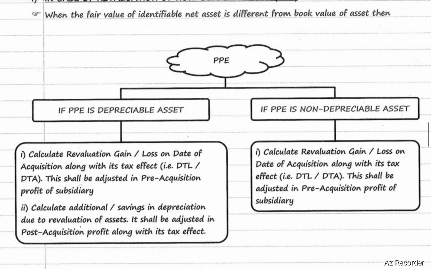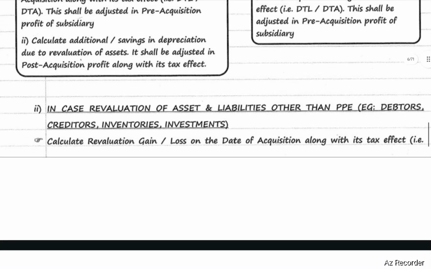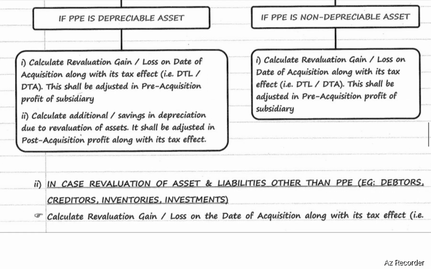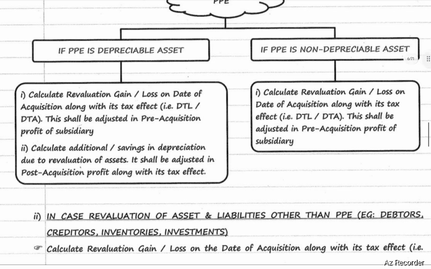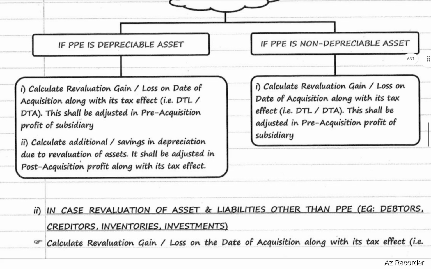This shall be adjusted in pre-acquisition profit of the subsidiary. Next, in case of revaluation of assets and liabilities other than PPE, example debtors, creditors, inventory, investments, calculate revaluation gain or loss as on date of acquisition along with its tax effect, that is DTA or DTL.